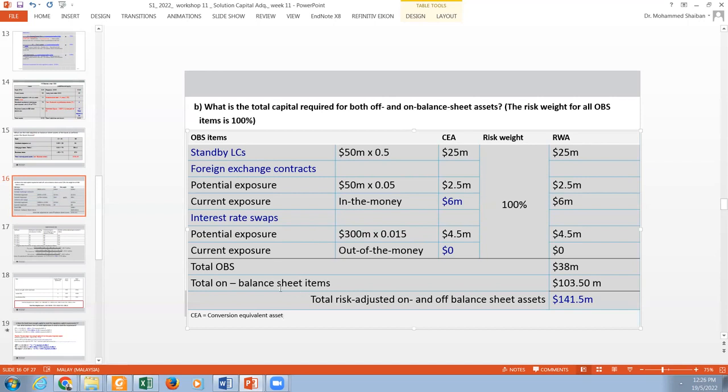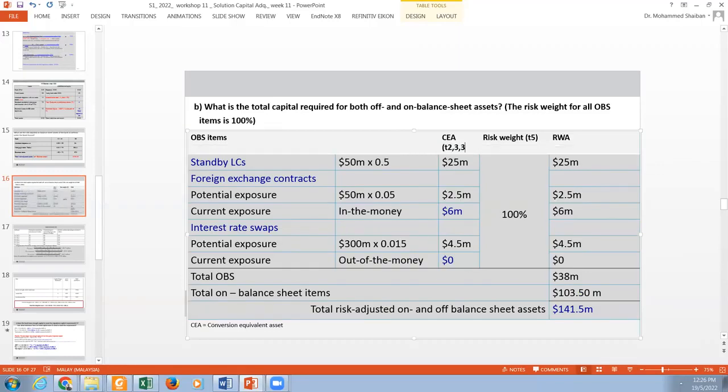So we have to convert it first, and then we take the risk weight, and this we take from table 5. The conversion we have to use is table 2 if it is market related, or table 3 and table 4 if it is non-market related. This you have to understand. So when we started with standby letter of credit, let's first calculate this one.